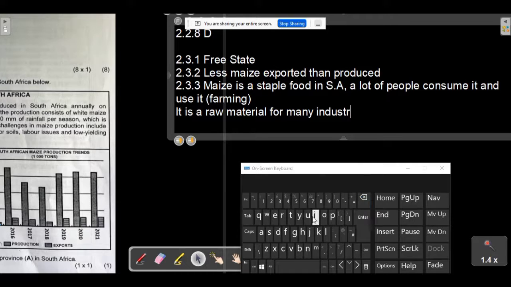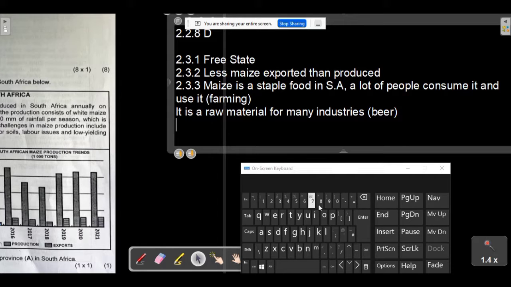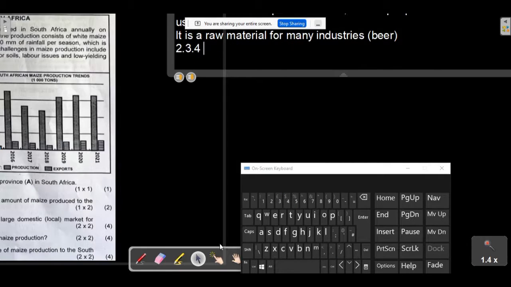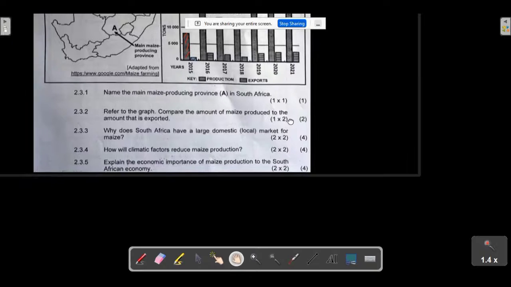For example, beer uses maize. There's a lot of products, guys, I could count the whole day, a lot of products that are produced using maize.